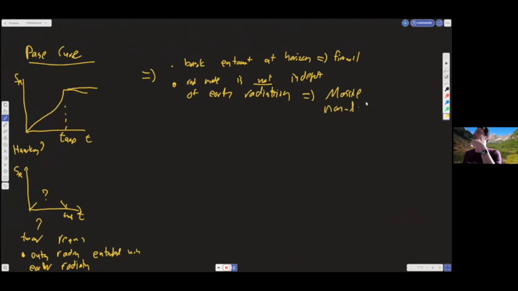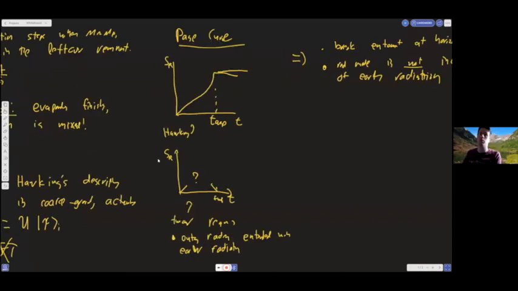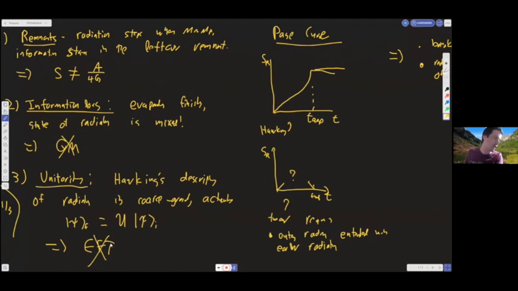Because the distance scale between the early radiation and this red mode inside is, as we discussed, 10 to the 66 light years. So we're saying that degrees of freedom that are separated by 10 to the 66 light years are not independent of each other. And that's what I mean when I say that unitarity requires a breakdown of effective field theory. That's totally different from what we were just discussing for quantum field theory. It's an insane level of non-locality.